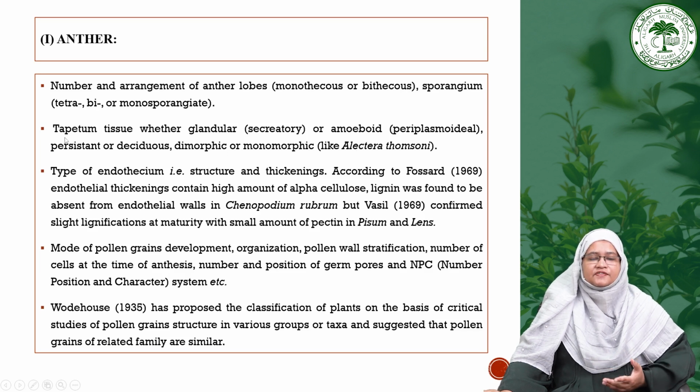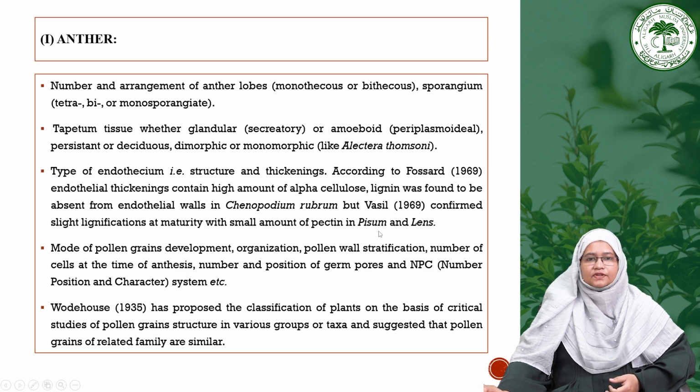So there are different types of tapetal tissue. Then the types of endothecium, like the structure and thickness. According to Fossard, endothecial thickening contained a high amount of alpha cellulose. Lignin was found to be absent from the endothecial wall in the case of Chenopodium rubrum, but Vasil confirmed slight lignification at maturity, with a small amount of pectin, in the case of Pisum and Lens.